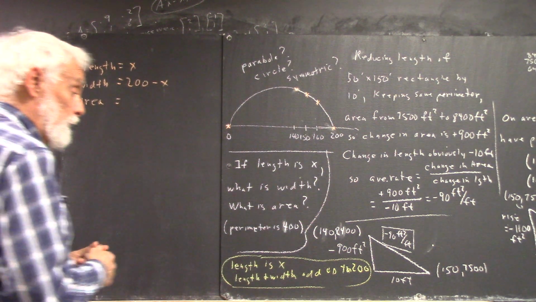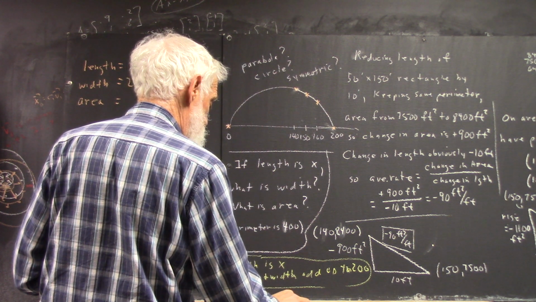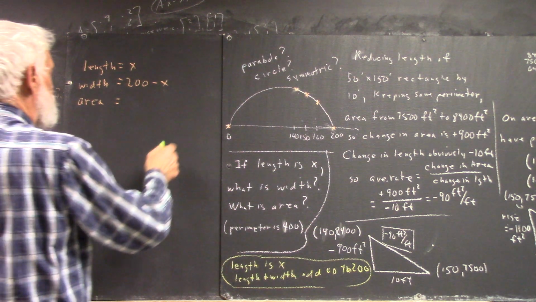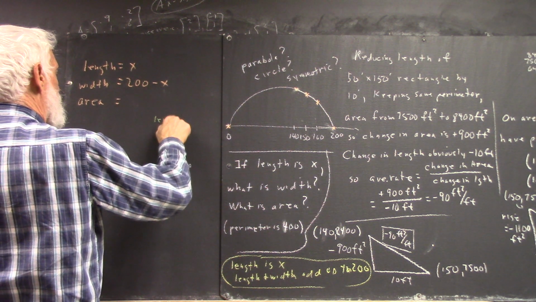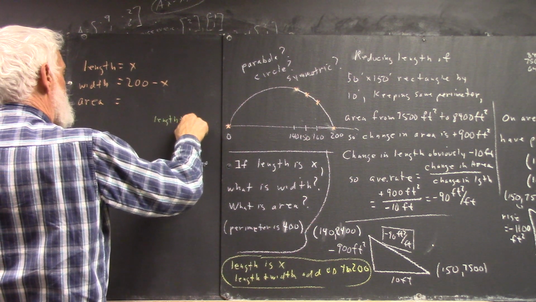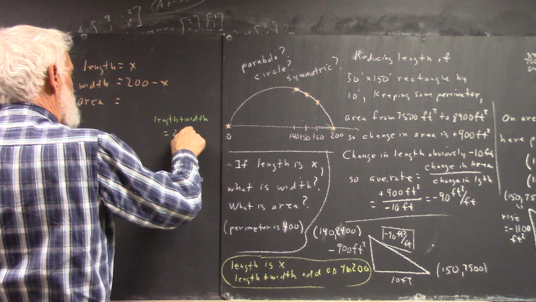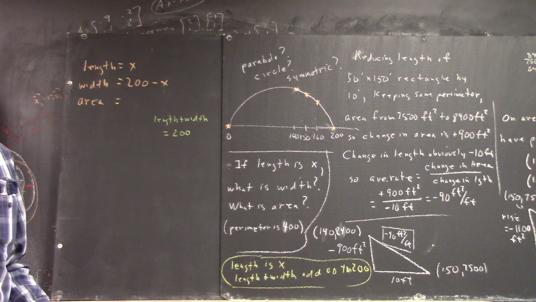Now there's another way that I saw at least once. A little more formally, you could say length plus width equals 200, right? So that's an equation for length, width, and 200.